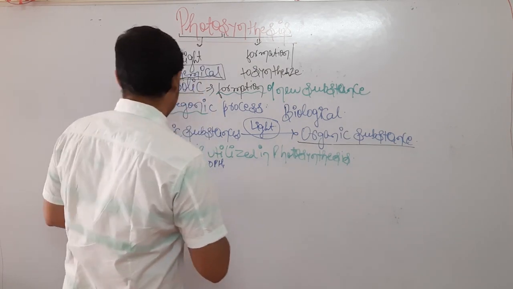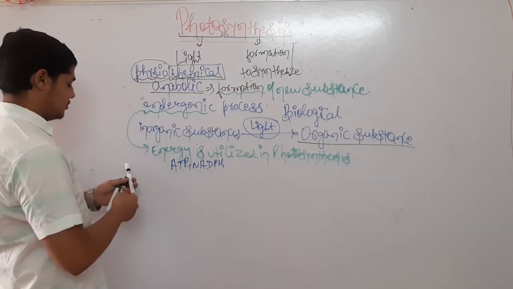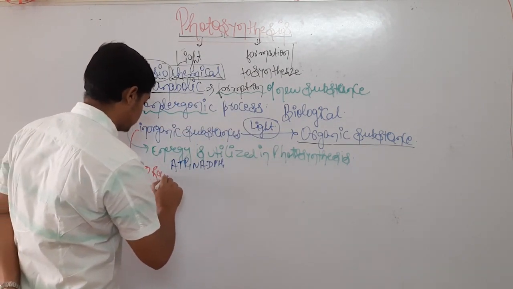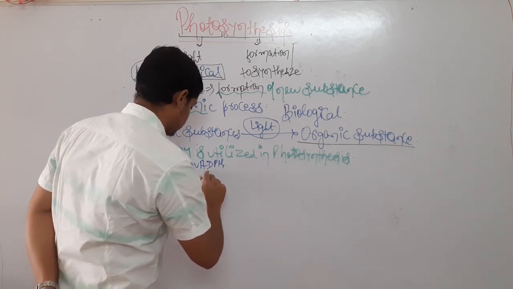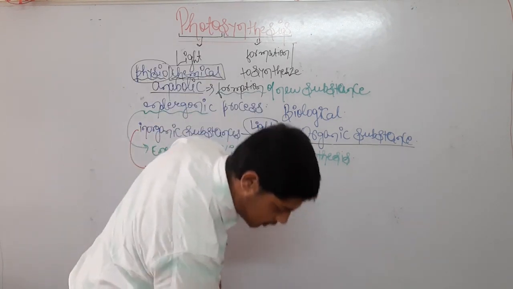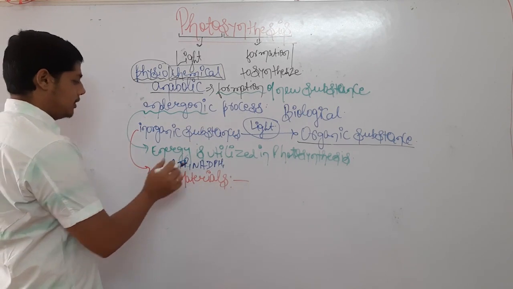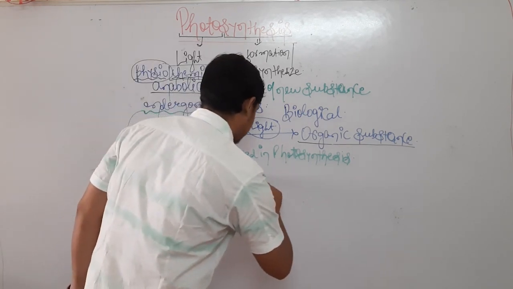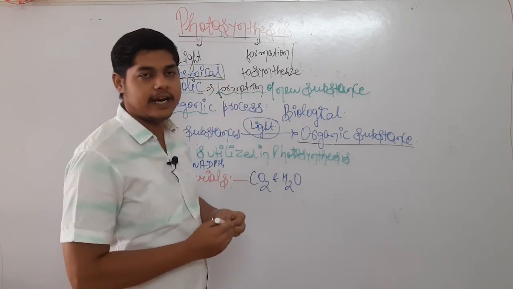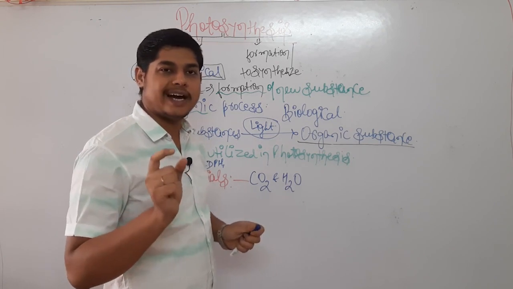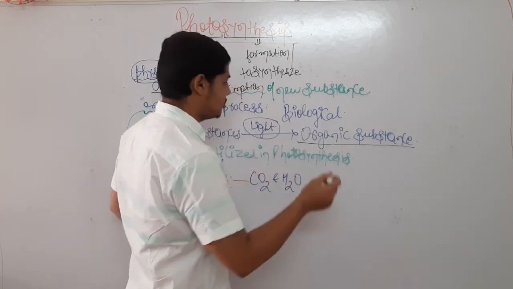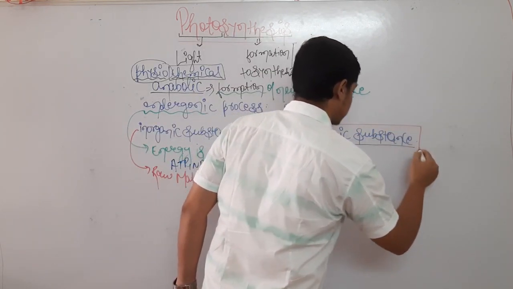What are these inorganic substances? We can say these are raw materials. Inorganic substances act as raw material. So what are these raw materials? These are CO2 and H2O, that is carbon dioxide and water. And what is this new organic substance called, which is formed?